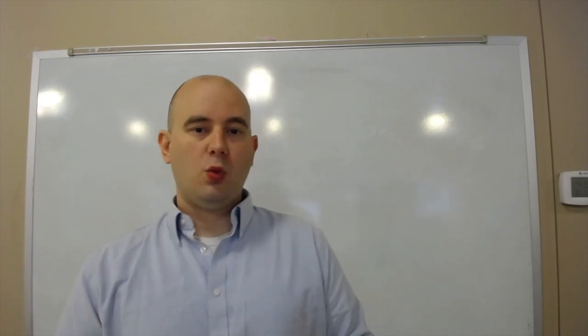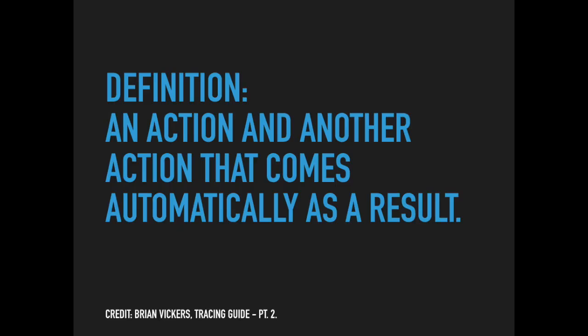But let's look at an action result and see what it is and how we use it in language and how Scripture uses it as well. So let's look at an action result and see how to identify one in Scripture. If we're going to define an action result, it can be defined this way: an action and another action that comes automatically as a result.